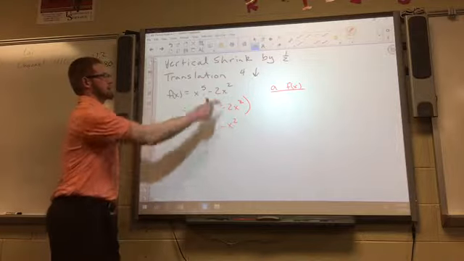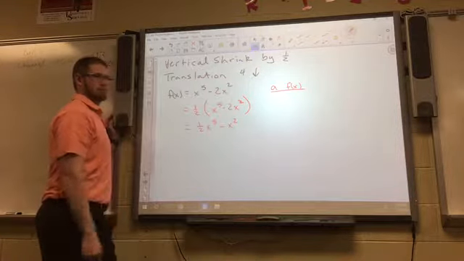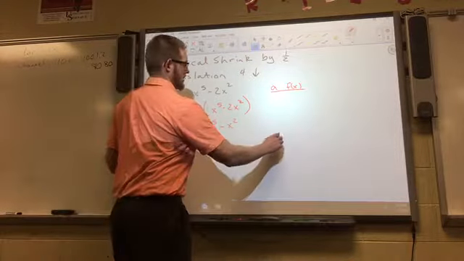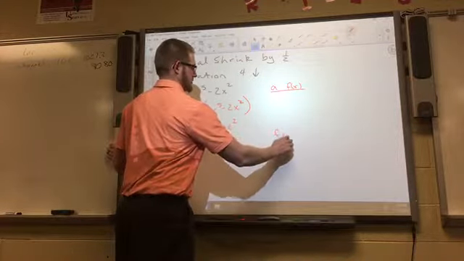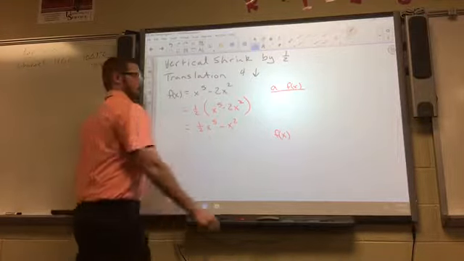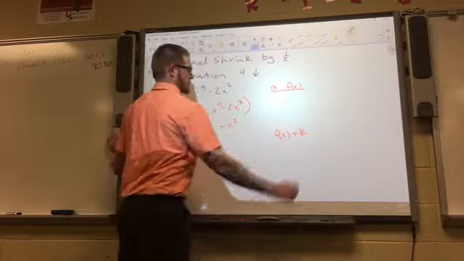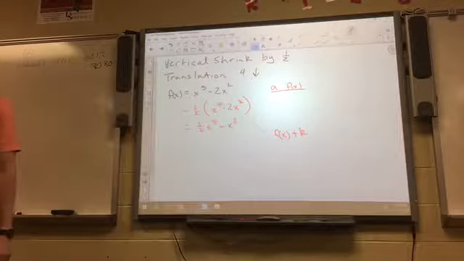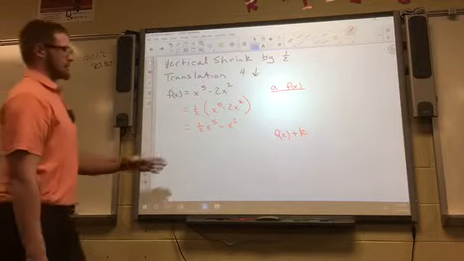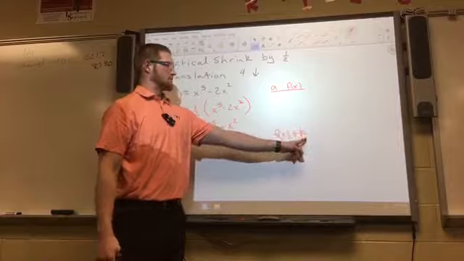Now I also need to translate it 4 units down. On your sheet, that shows up as what? Outputs, f of x plus k, because it's a vertical translation. So I'm taking my entire function and adding my units moved.